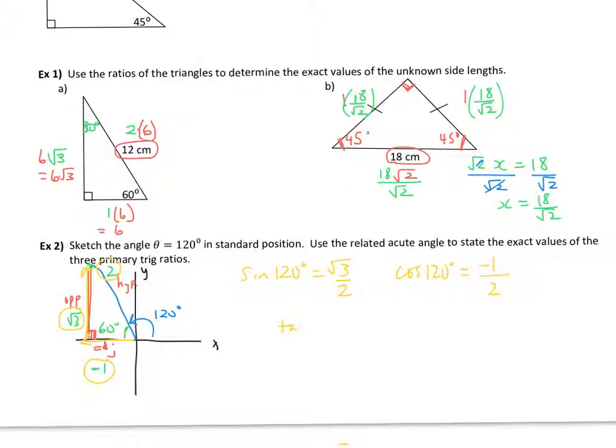And the tangent of 120 degrees would be opposite, root 3, over adjacent, which is -1. So that you would most likely see as -root 3. Okay, so there we are, the exact values.